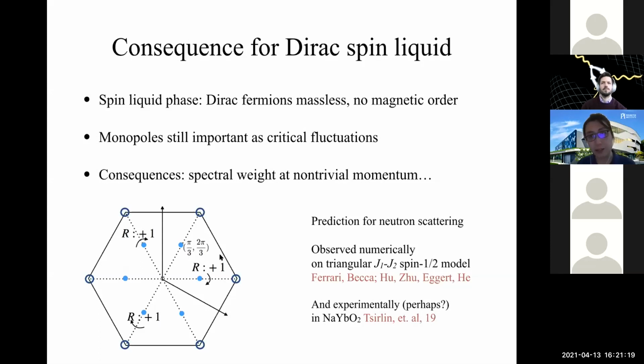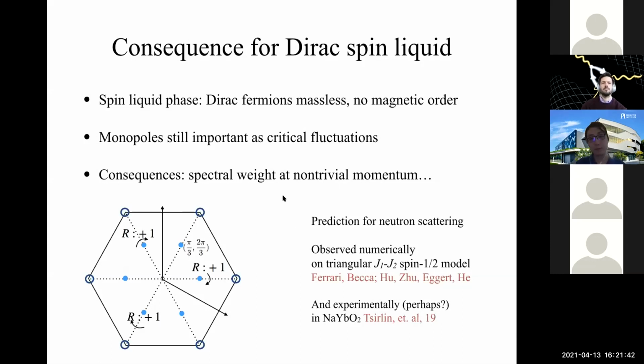For example, on the triangle lattice, the consequence is that you get a non-trivial spectral weight at various non-trivial momenta. For example, the fluctuating 120-degree order shows up as some non-trivial weight at the Brillouin zone boundary on the triangle lattice.